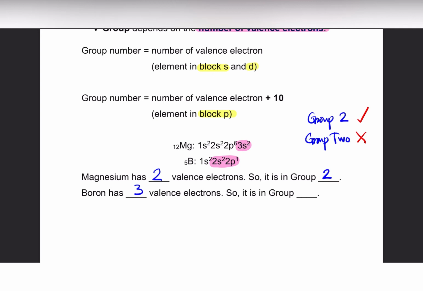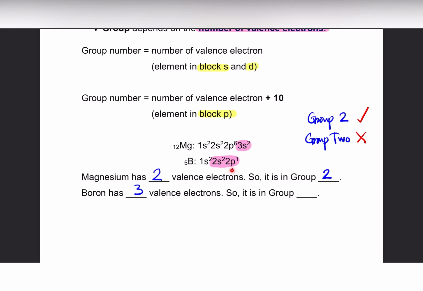Seterusnya, apa yang awak kena be careful, kita nak tentukan perbezaan antara blok, di mana blok ditentukan berdasarkan higher subshell yang paling tinggi awak isi last kali. So, as you see here, you got 2p. So, 2p adalah subshell yang terakhir.